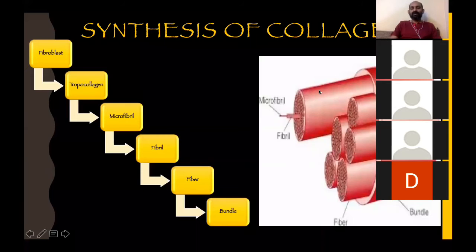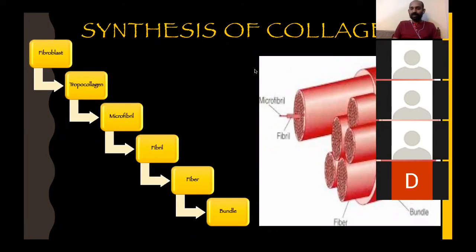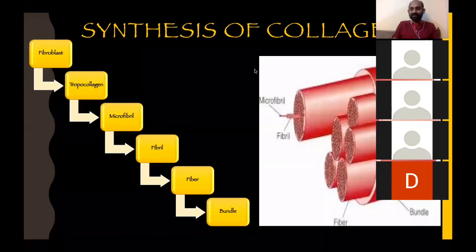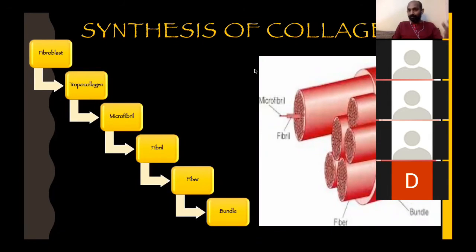Now a little bit of the basics of synthesis of collagen. This collagen should have been synthesized by a cell. Which cell actually synthesizes collagen? The fibroblast. When I say the fibroblast synthesizes collagen, the fibroblast should be a part of your periodontal ligament.